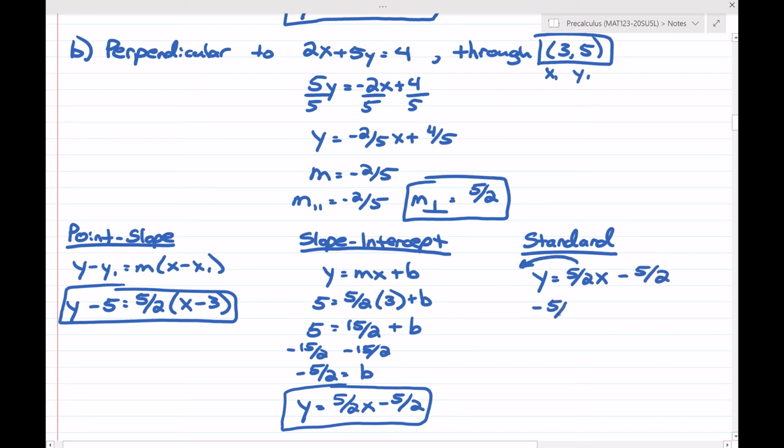So this would be negative 5/2 x plus y is equal to negative 5/2. And our LCD would be 2, but remember we want our leading coefficient to be positive. So we can multiply by 2 and then multiply by negative 1, or we could just multiply by negative 2, and that'll make our leading coefficient positive, and it'll get rid of all of our fractions.